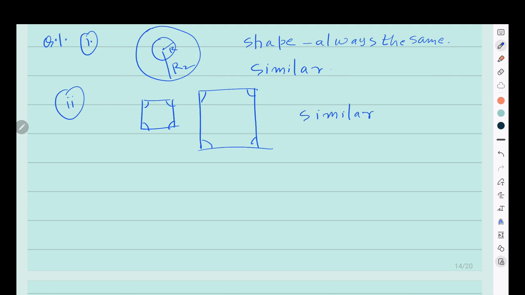So all squares are similar. That is the correct answer. Third question: all dash triangles are similar. And then it gives two types of triangle: either all isosceles triangles are similar or all equilateral triangles are similar.